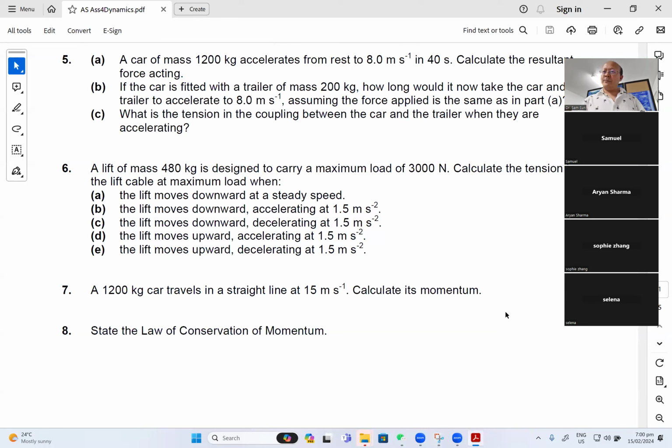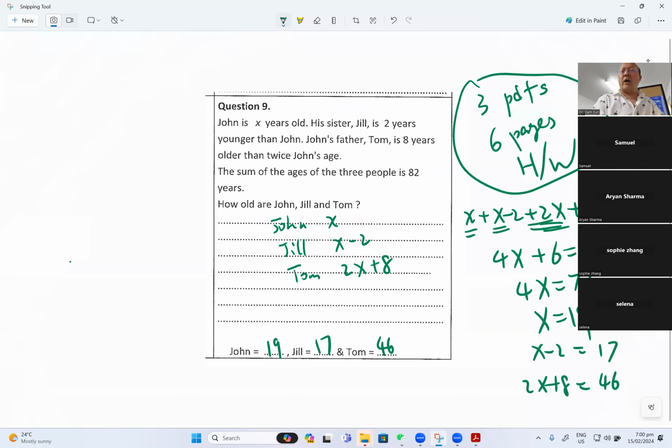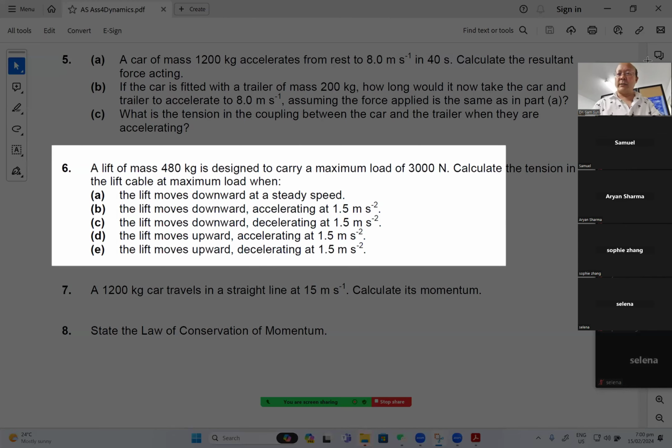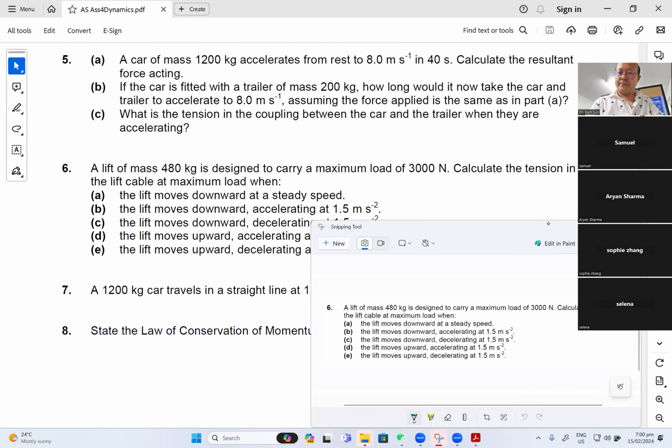Guys, we really need to check the harder question we did last week. Number 6, again. This is called the dynamics. Question 6. It's part of mechanics.